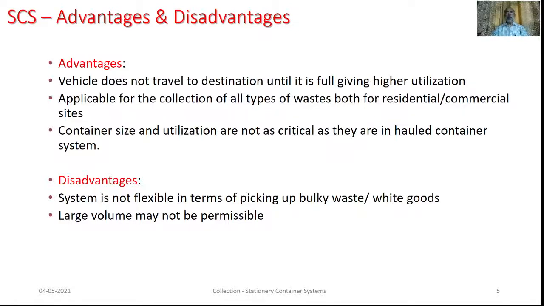Also, if such contents are quite voluminous, picking them up in a single stretch may not be permissible as far as the volumetric capacity and collection mechanisms are concerned.